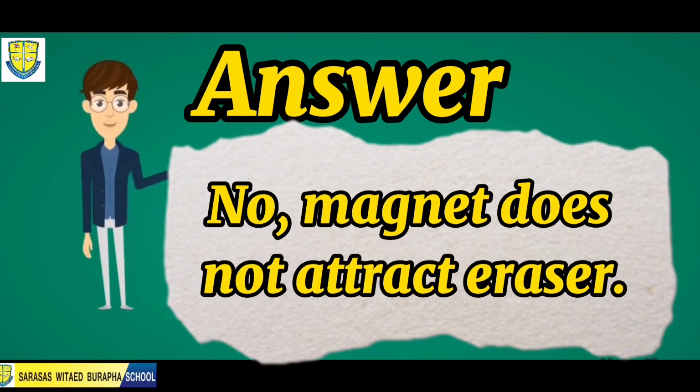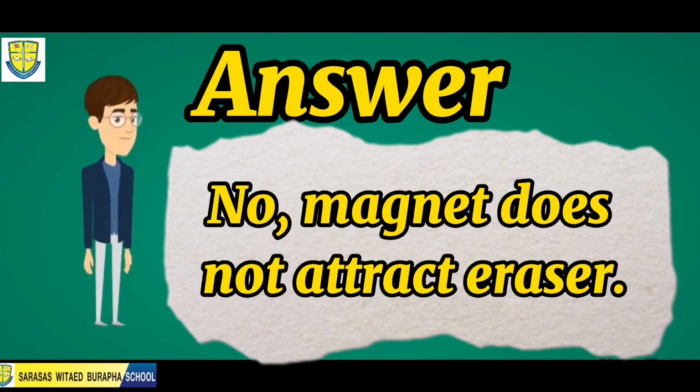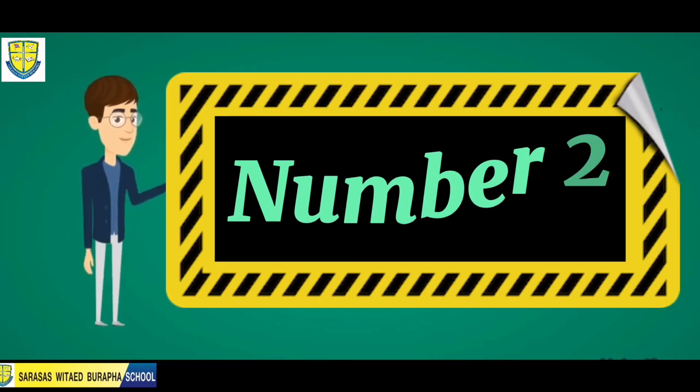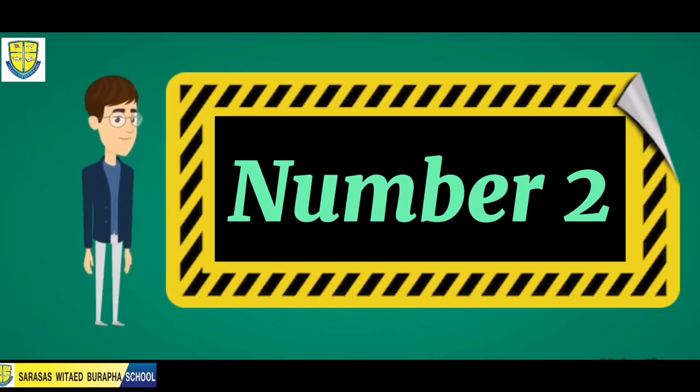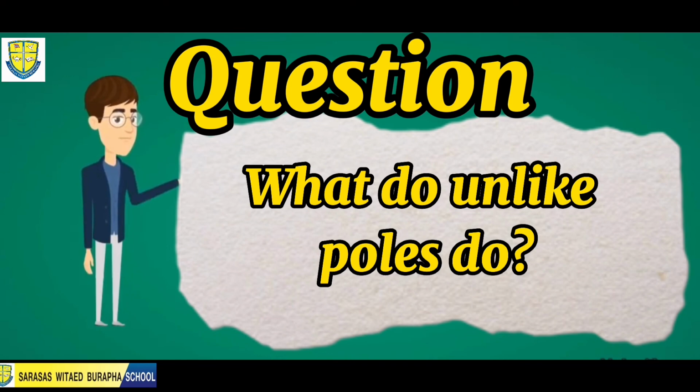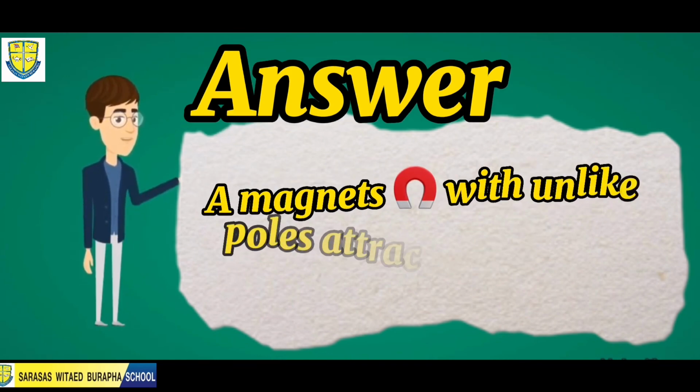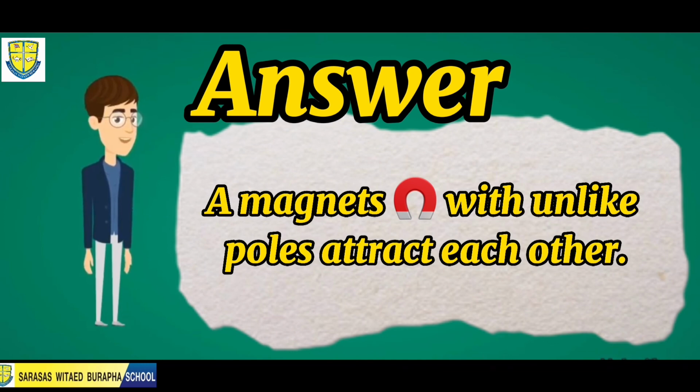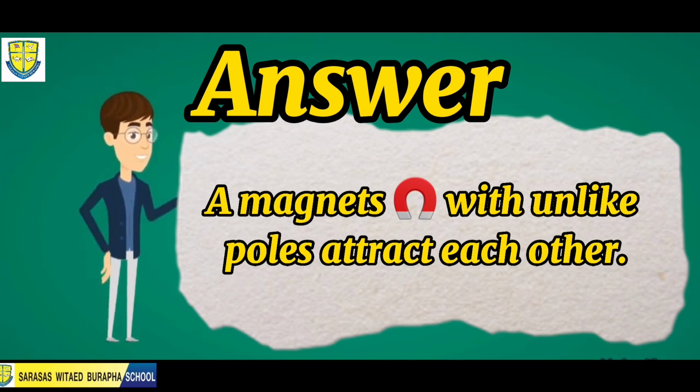The answer is no. A magnet does not attract eraser. Number 3. What do unlike poles do? The answer is magnets with unlike poles attract each other.